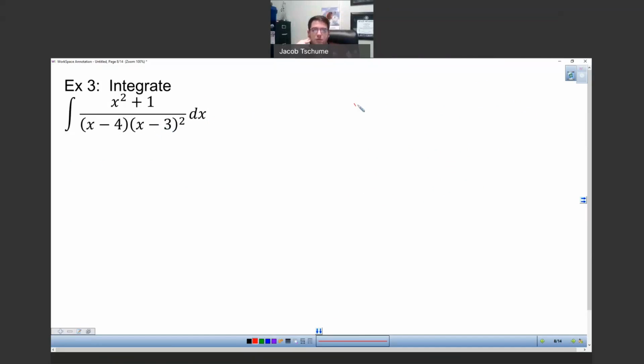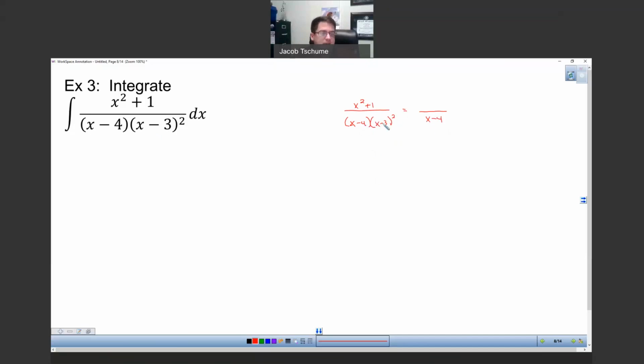So if I were to rewrite my fraction over here, x squared plus 1 over x minus 4 times x minus 3 squared. Excuse me. Since there is an x minus 4, which is a linear factor, that's a case 1. I'm going to need one fraction to break x minus 4 up.